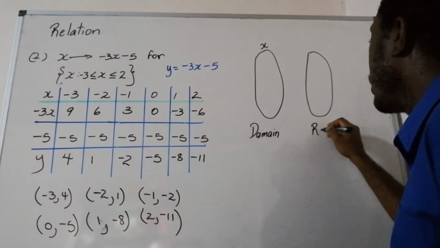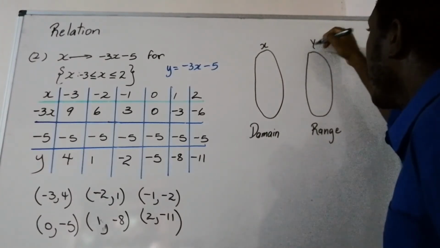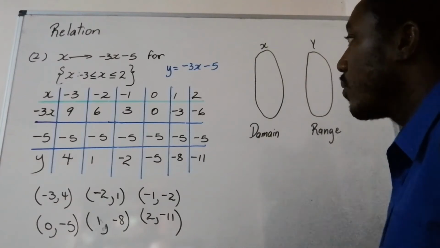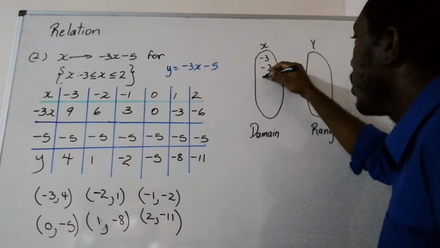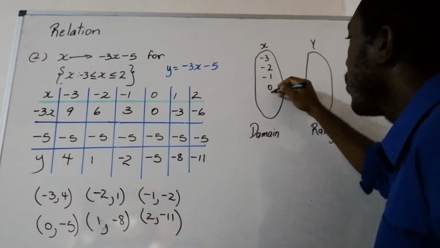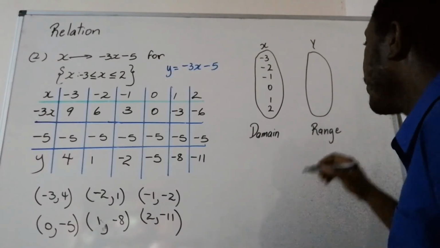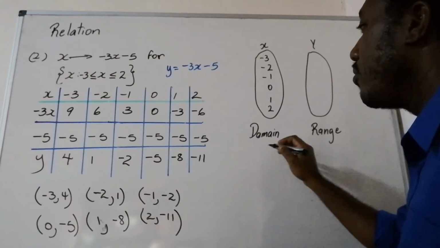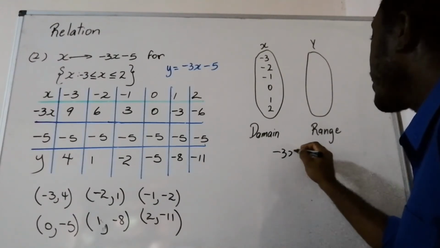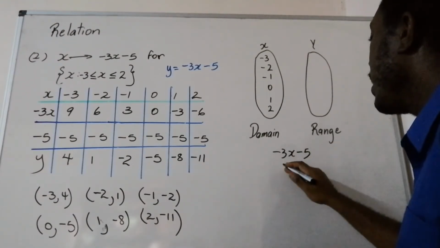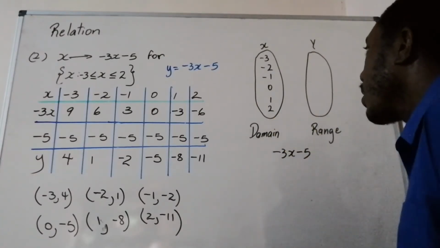And range will be our y values. So let's list our x values: minus 3, minus 2, minus 1, 0, 1, and 2. So for our y values, remember, it is following the relation minus 3x take 5.